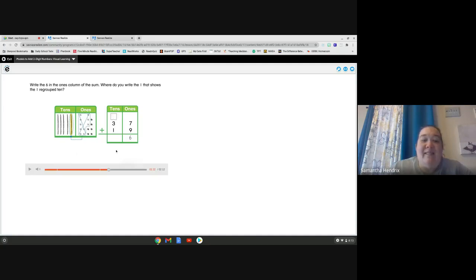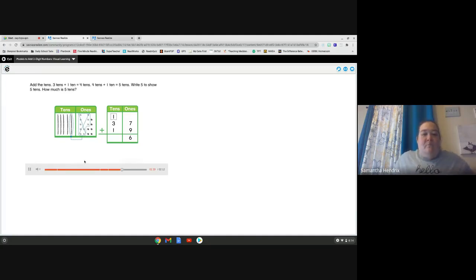We can't write 16 here, because we still have to add. So we're going to write 1, 6 for 16. Write the 1 that shows the regrouped 10 in the regrouping box at the top of the tens column. Write 6 ones and write 1 to show 1 ten.